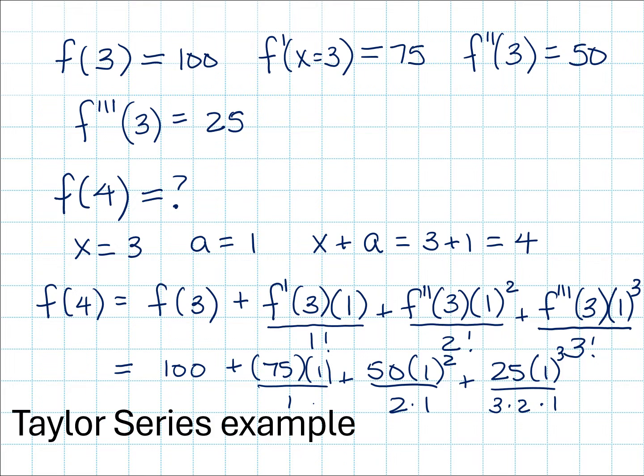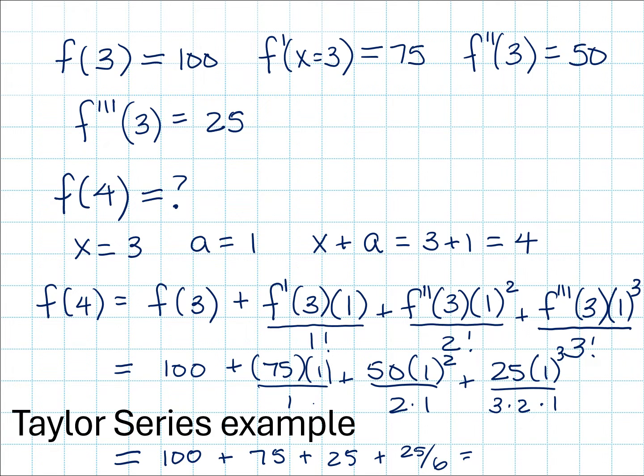And so each of my terms becomes smaller and smaller and smaller. I barely have room to write it down here. My first term is 100. My second term is 75. My third term is 25. My fourth term is going to be 25 over 6.